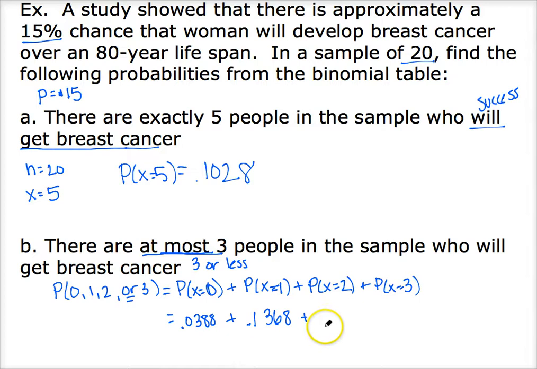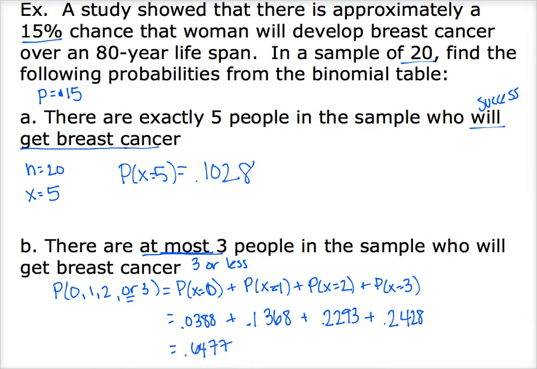The probability that x equals 2 is 0.2293. Plus the probability that x equals 3 is 0.2428.